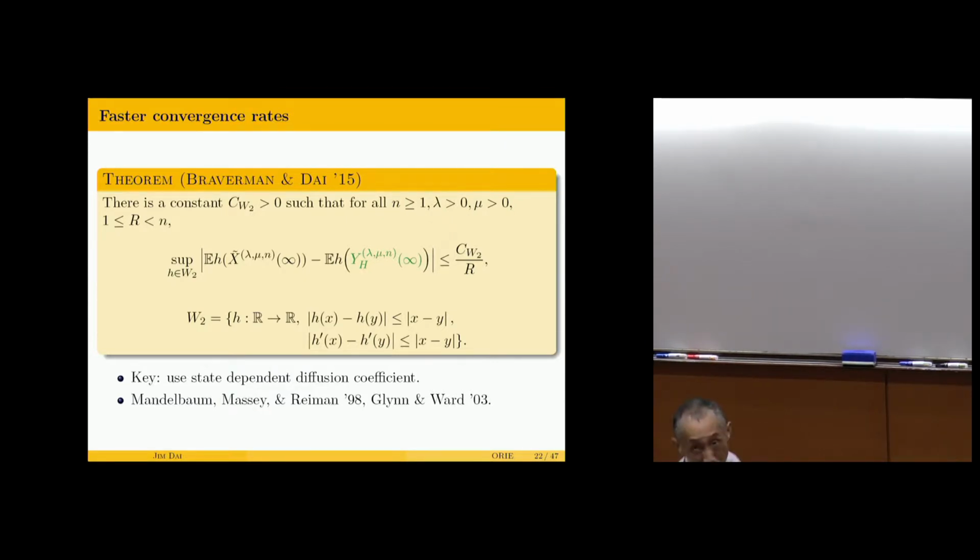Indeed, this is one happy case where you have a mathematical result to justify that. Previously the Wasserstein distance rate was 1 over square root r. Now under W2, it's 1 over r. The rate is one order higher.